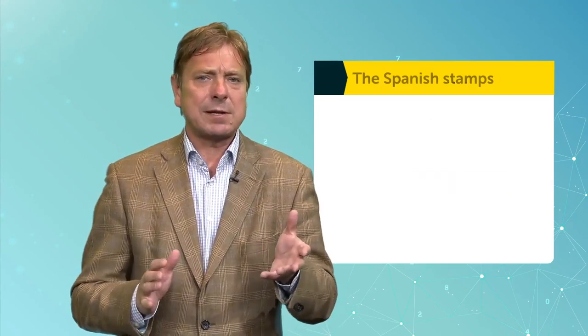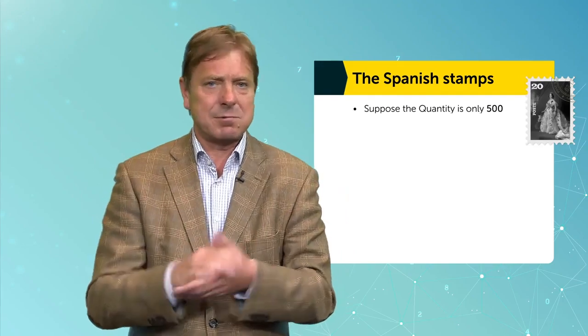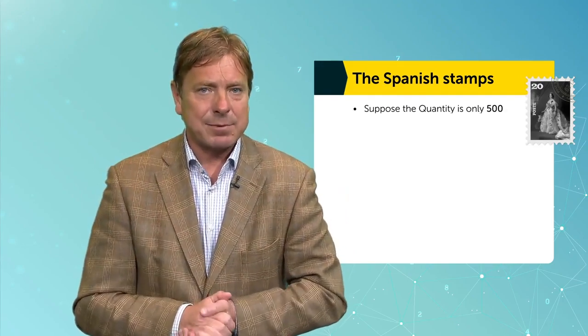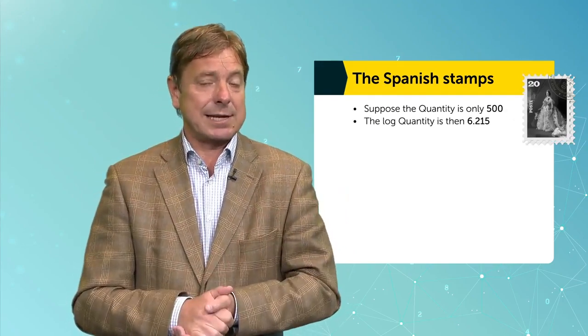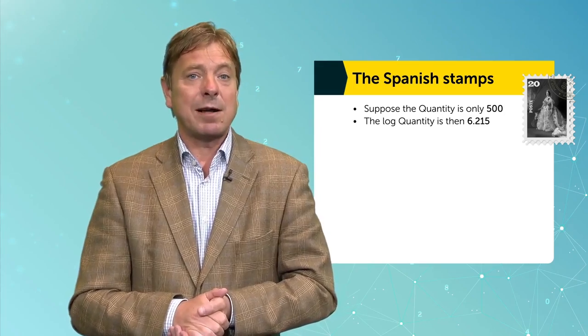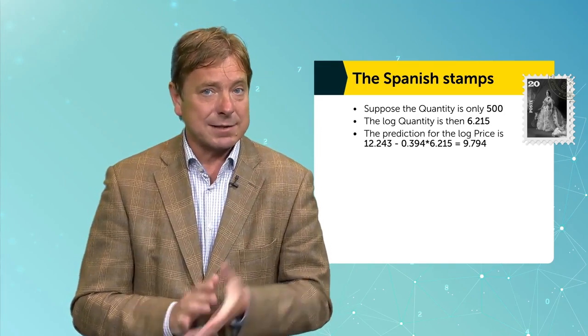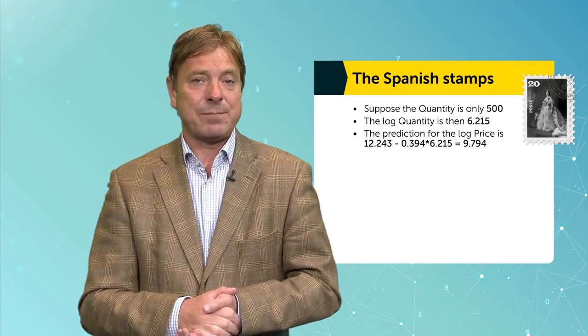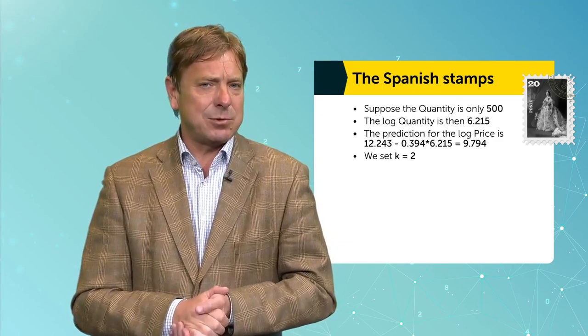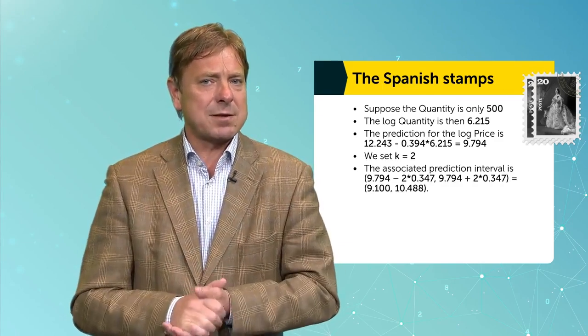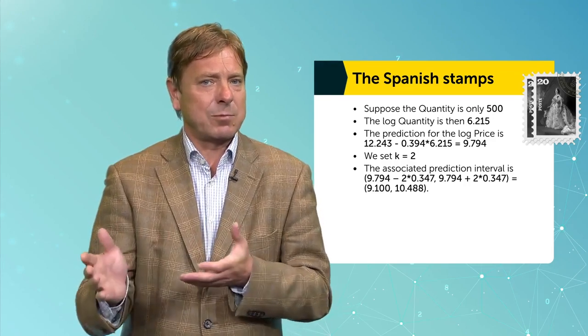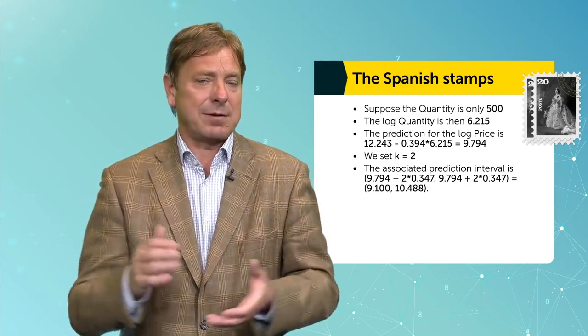So suppose the quantity is only 500, so say a very rare stamp. The log quantity is then equal to 6.215, and the prediction for the log price is 9.794. When we set k equal to 2, then the associated prediction interval is in between 9.1 and 10.5.